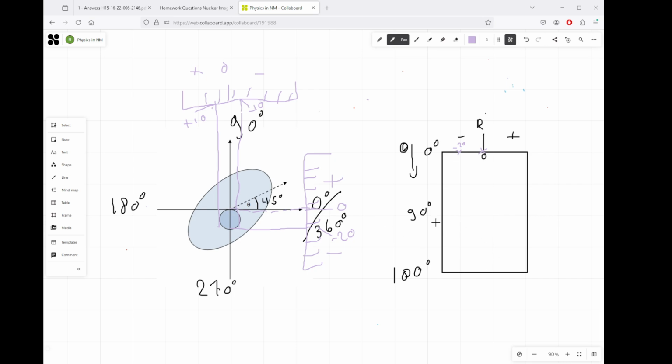So now we'll put at 90 degrees, this is the line of 90 degrees, we put a mark at +10, roughly around here, and -10. Then we'll make another projection at 180 degrees.